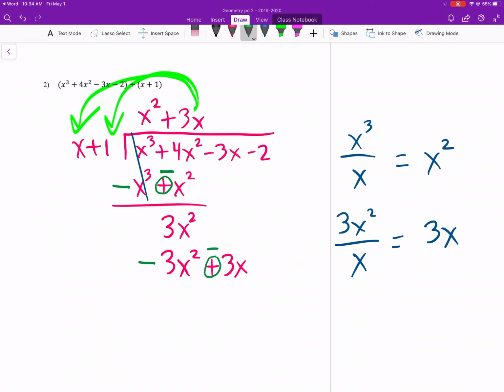And an additional step here is we have to bring down that minus 3x. First terms cancel. And now we have negative 3x minus 3x, which is negative 6x.